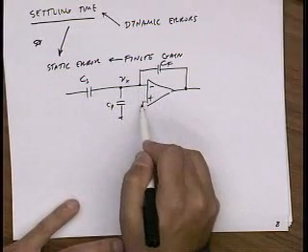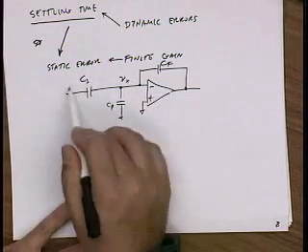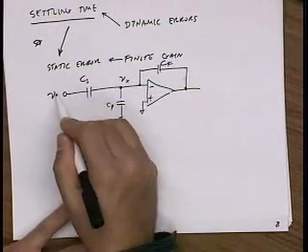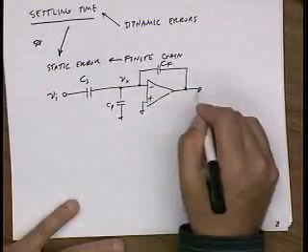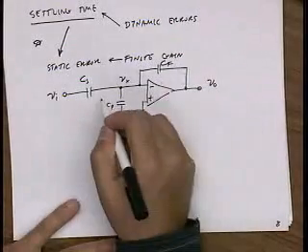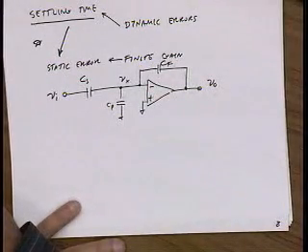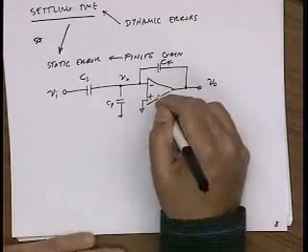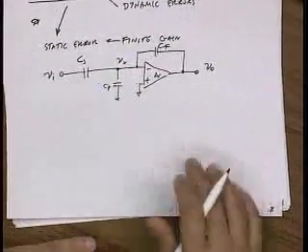Basically, this voltage will be equal to this voltage, which is 0, and the entire input voltage gets sampled on this capacitor, and then that charge gets transferred onto this feedback capacitor, and it produces an output voltage which is exactly minus CS over CF. But if this thing has finite gain, let's say AV, the situation is different.